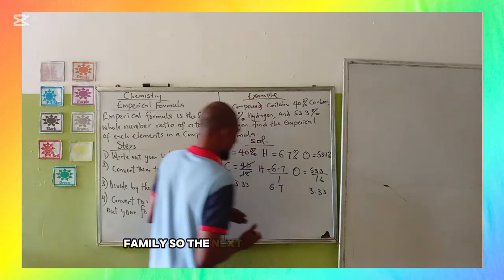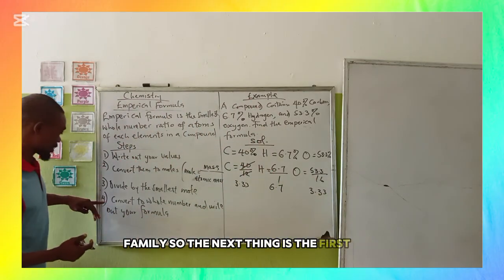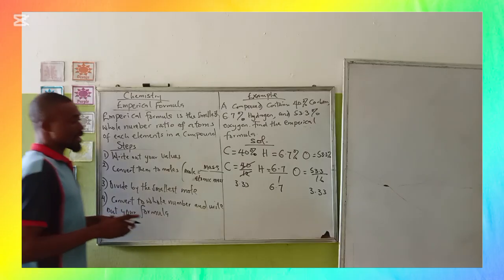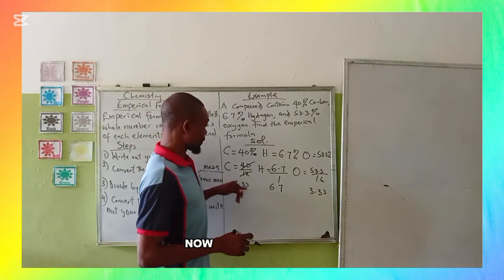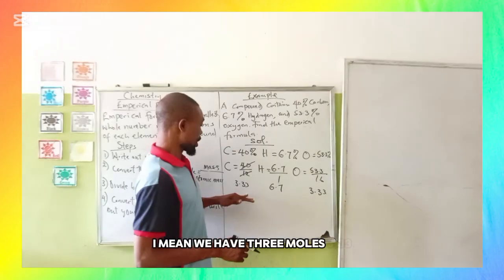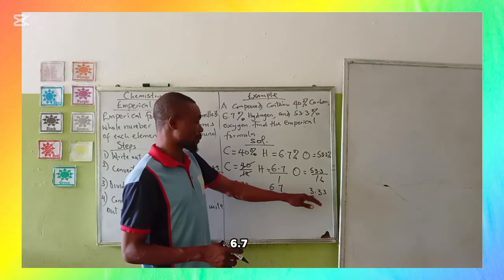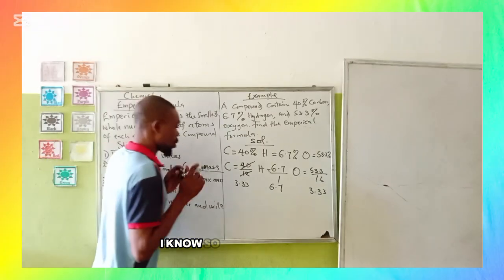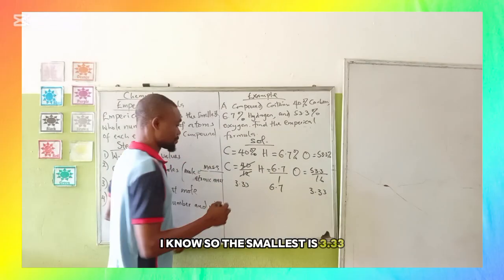Now, these are your values. So the next thing is the third step: divide by the smallest mole. We have three moles here: 3.33, 6.7, 3.33. So we have to divide by the smallest mole. The smallest is 3.33.